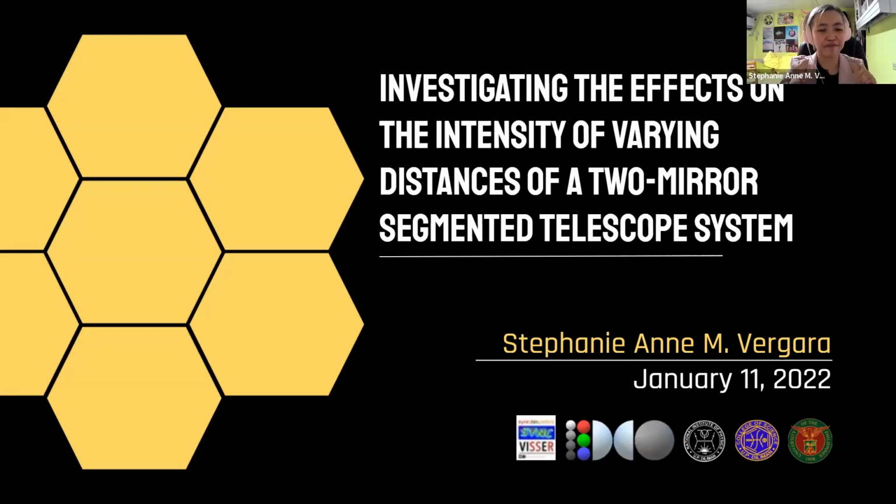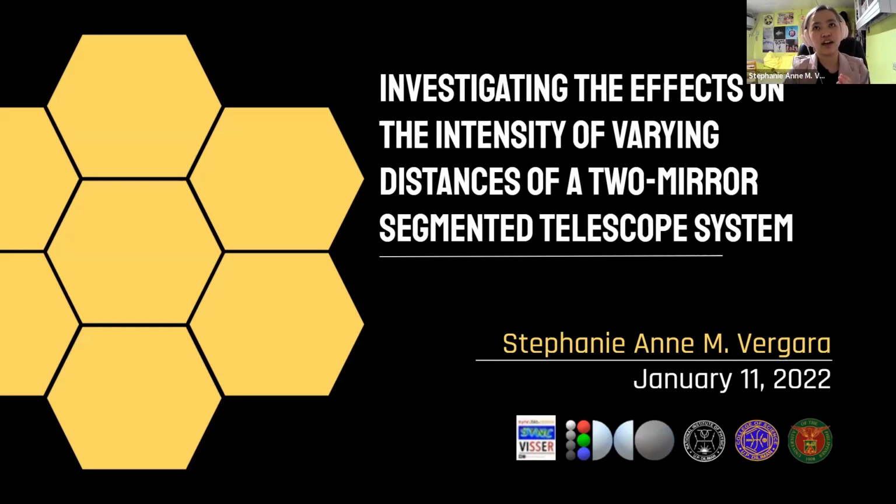For certain sizes of the aperture, it is more cost effective to use a segmented telescope since it will be harder to construct a very, very big primary mirror.